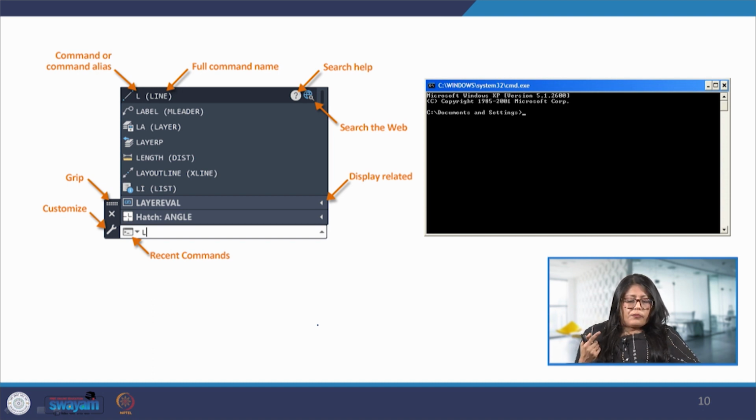Now, they were superseded by the graphical user interfaces, which incorporated, we saw some commands like menus, icons and keyboard shortcuts and pop-ups, text commands. Now, command line interfaces continue to have an advantage where the user finds them easy and faster to use as compared to the menu based systems.